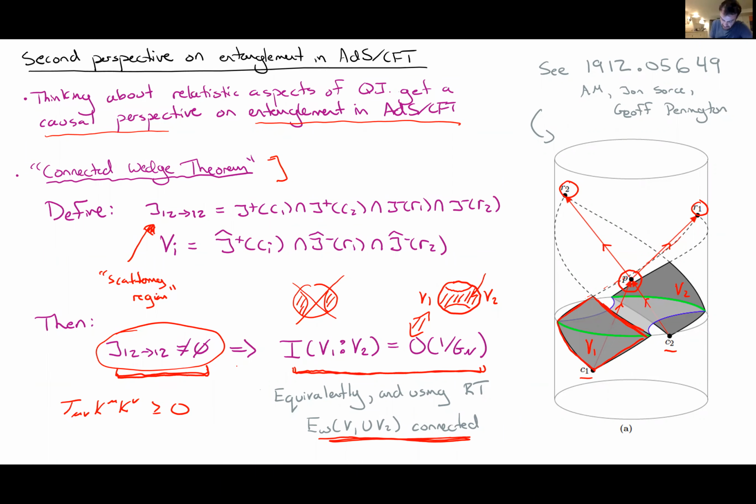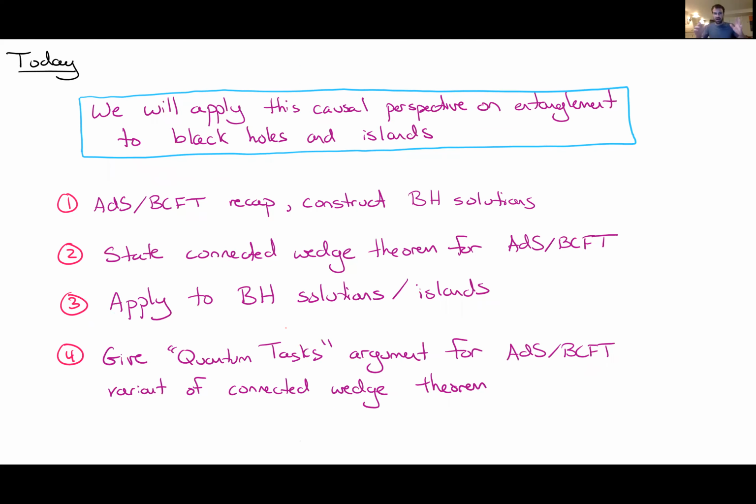And I'll say that this part of the theorem doesn't use the Ryu-Takayanagi formula. It's logically independent of the RT formula. It's only when you want to then relate it to this entanglement wedge being connected that you bring in the RT formula. But you can show this without ever discussing RT. Okay, good. So that's what I mean by causal perspective on entanglement.